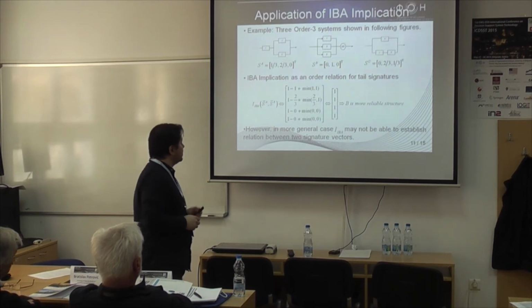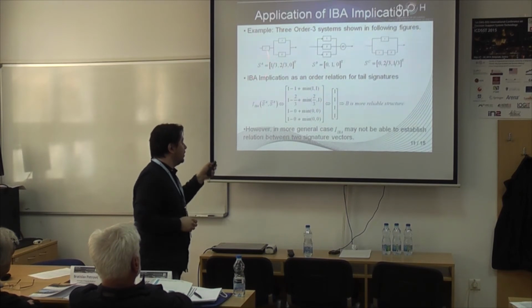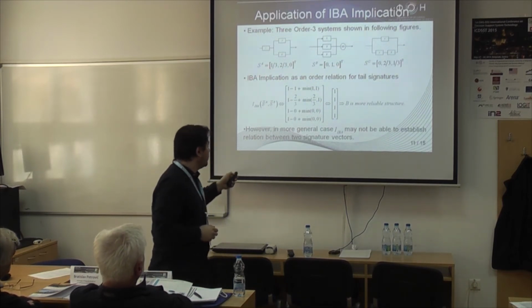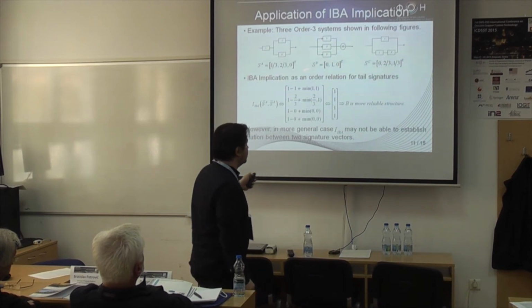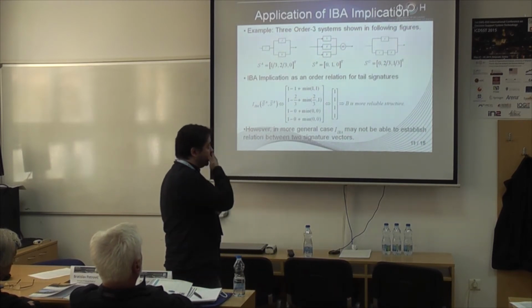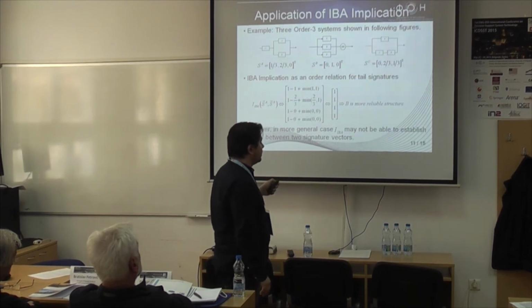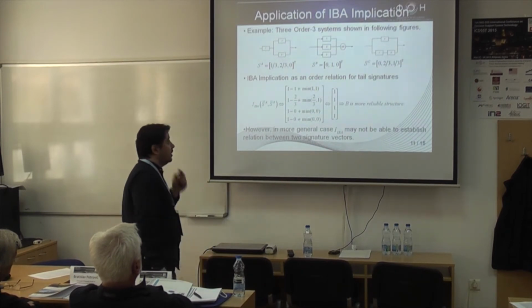The first is the series system between one component and two components that are in parallel connection. The second system is a 2 out of 3 good system, which is also known from standard reliability theory. The third system is a parallel connection between 1 and 2 components.